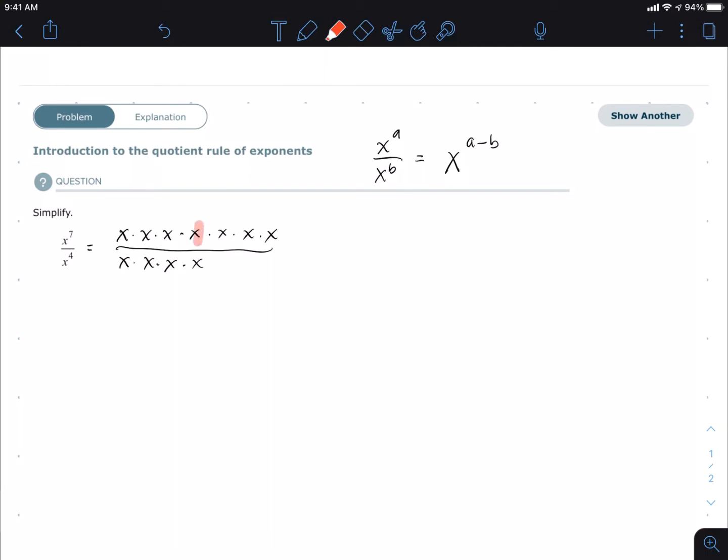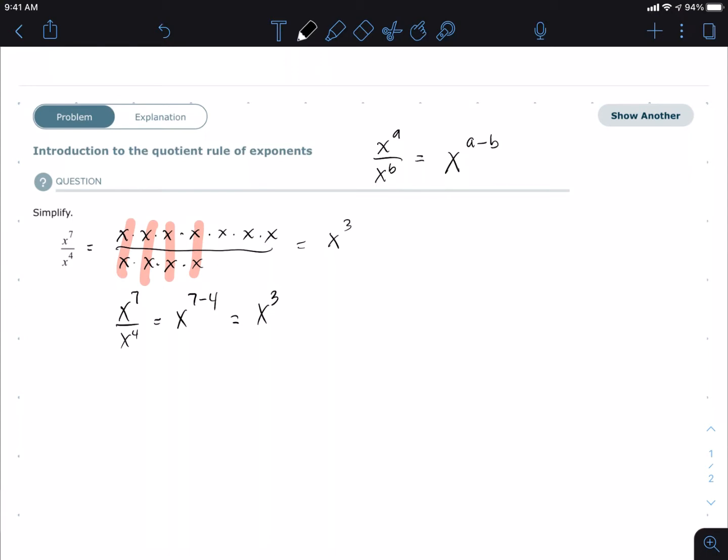Then that cancels, that cancels, that cancels, that cancels, so that leaves me x to the third as an answer. That's showing it the long way. What you could do is go x to the 7th over x to the 4th, written as x to the 7 minus 4, which gives me x to the third, correct?